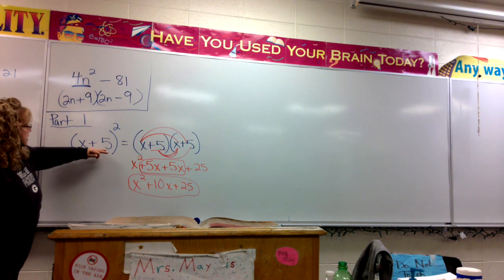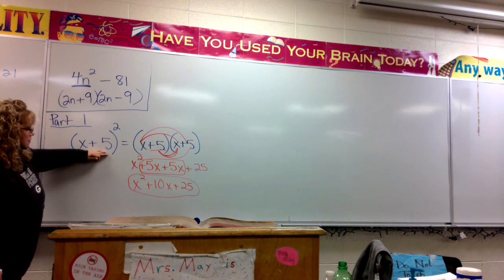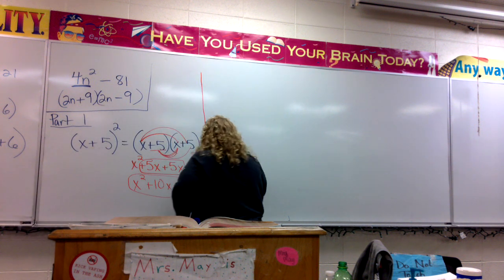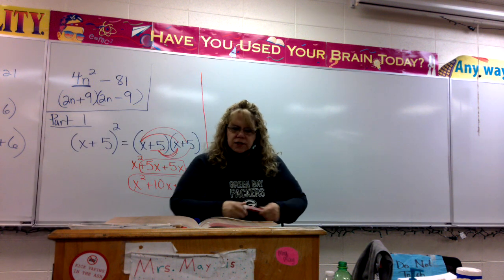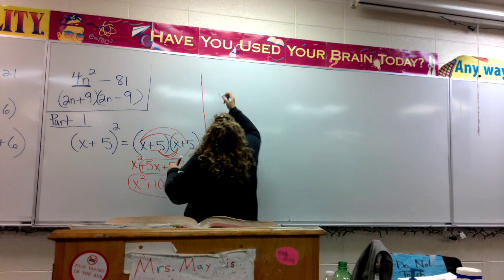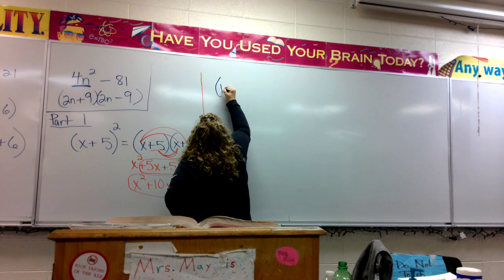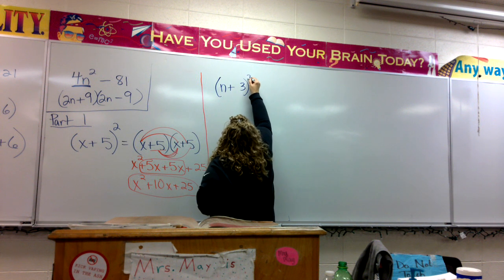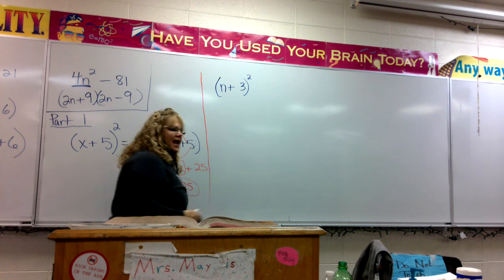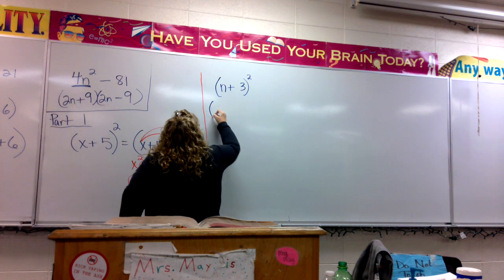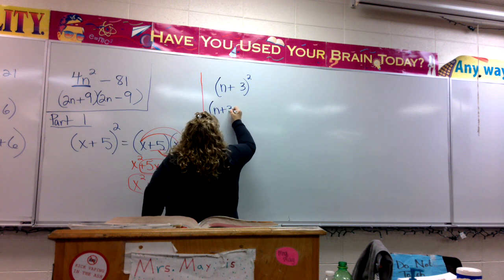But I want you to look at this thing, and then look at this thing. I want you to do another one and see if you notice any patterns. How about, let's simplify n plus 3 squared. Well, n plus 3 squared means to do n plus 3 times itself, right?